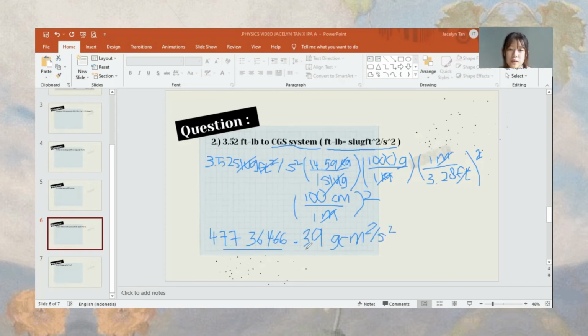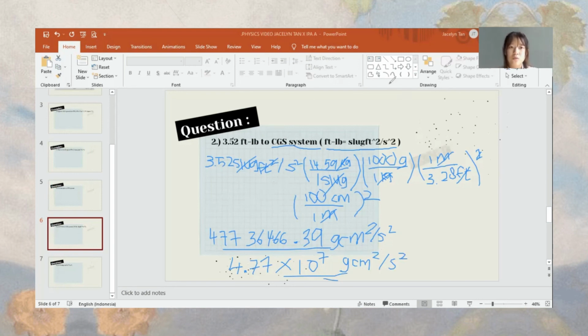We can simplify this and just write 4.77 times 10 raised to the power of 7. So 1, 2, 3, 4, 5, 6, 7. So 4.77 times 10 raised to the power of 7 gram centimeter squared over second squared. So this is the answer for this question.